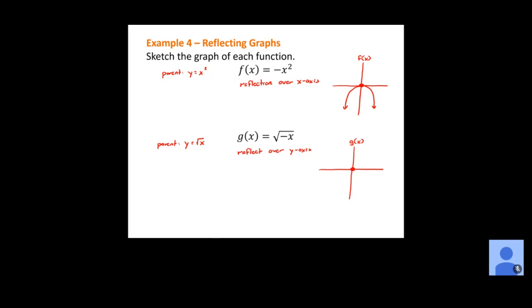But now instead of going up and to the right, it's going to go up and to the left. And so we're going to have something like this now. Any questions on that one? Or any questions on any of the reflections now?